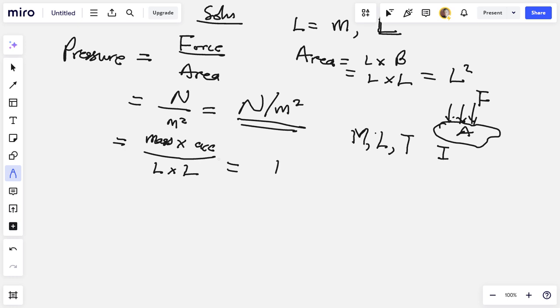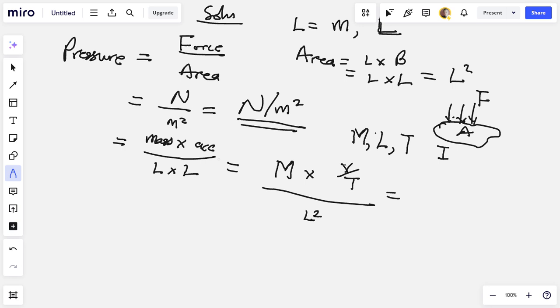Capital letter M represents mass. So we've written it down there, times. If you break down acceleration, the definition of acceleration is what? Velocity over time. Then remember, over length times length. That's L raised to the power of 2.